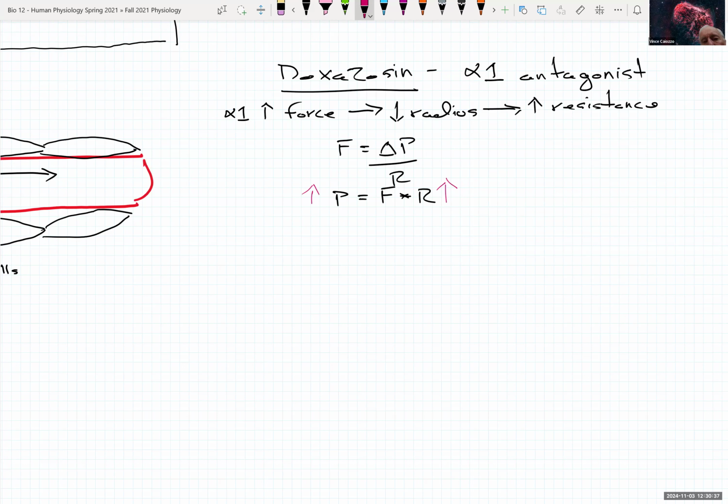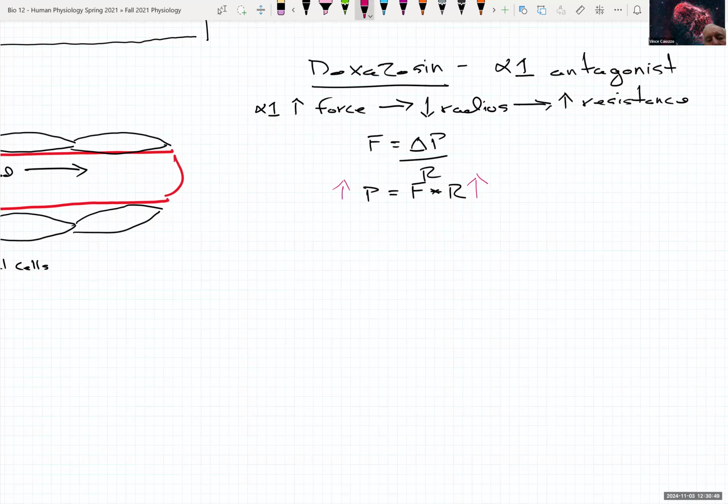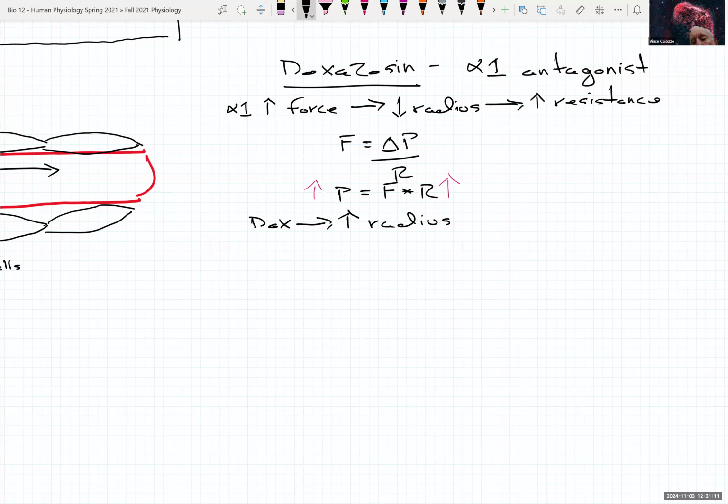So we can actually try to treat blood pressure using drugs like doxazosin, which is an alpha-1 antagonist. Let's just put here doxazosin. I'm just going to write dox leads to an increase in the radius of the blood vessel because it causes relaxation of the smooth muscles, which will then lead to a decrease in resistance.